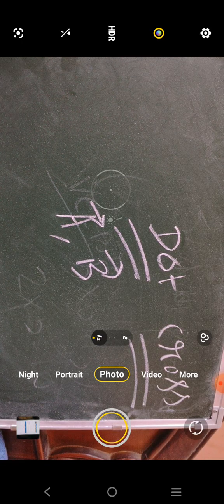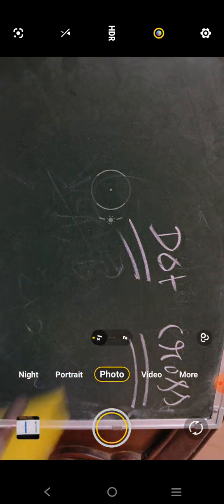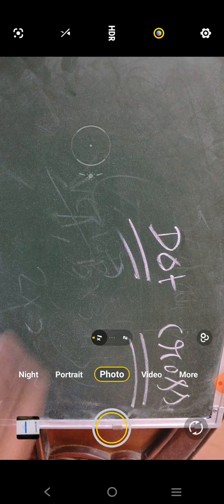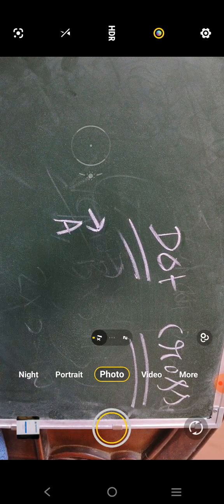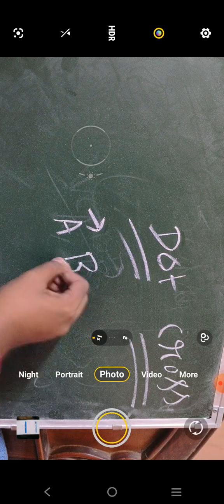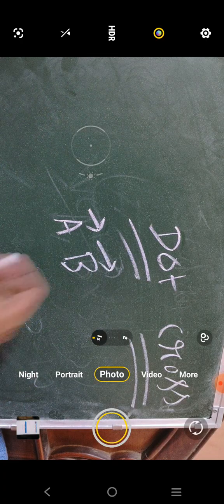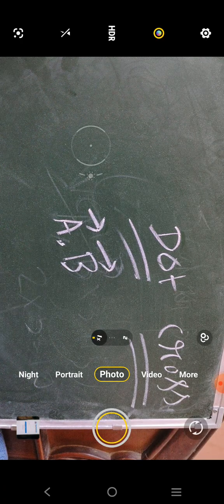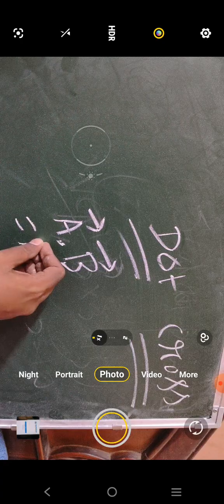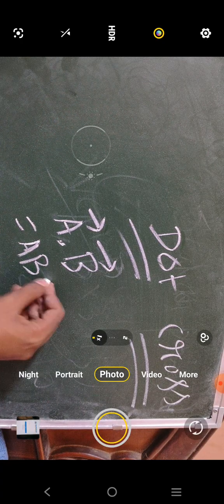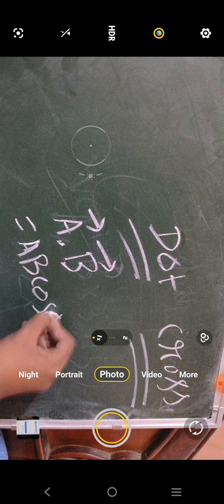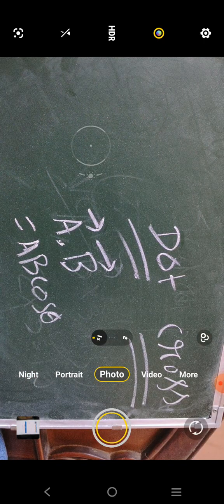Now, what is the meaning of dot product? Suppose there is a vector A and there is another vector B. If I take the dot product of them, it will give me mod A, mod B, cos theta, where theta is the angle between them.